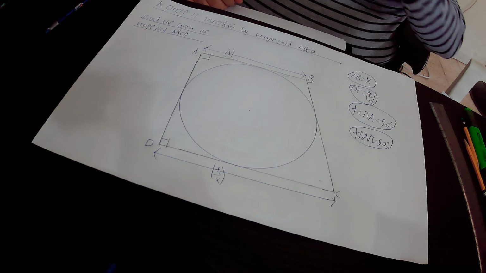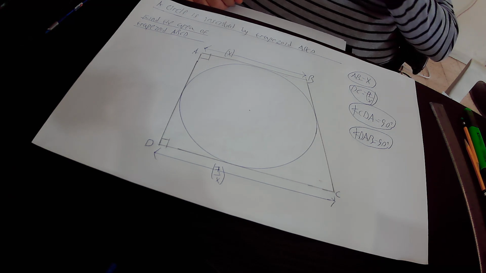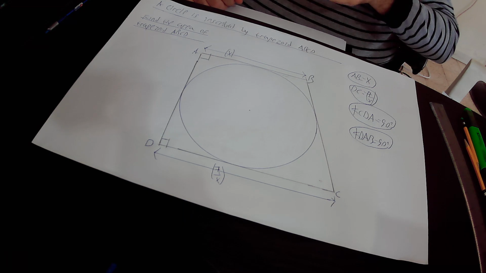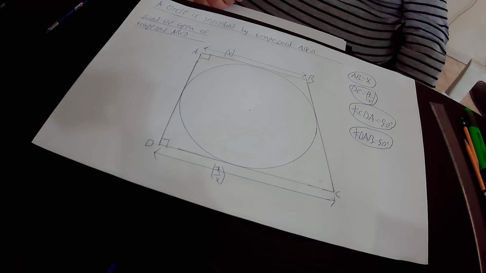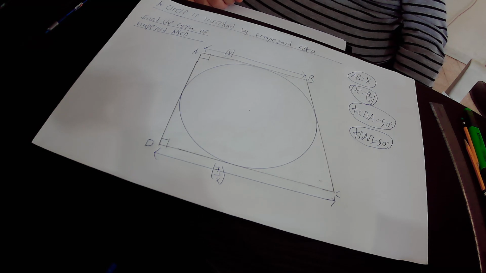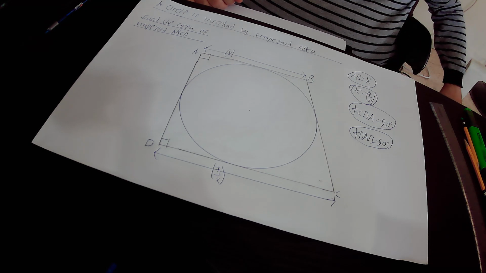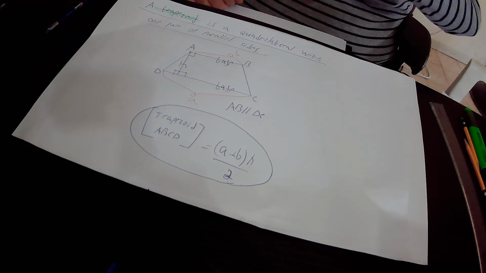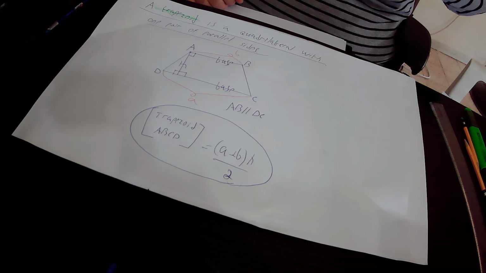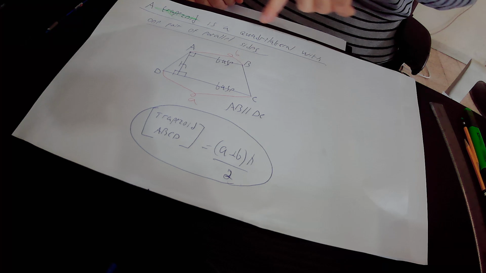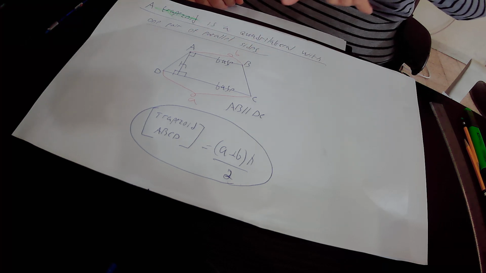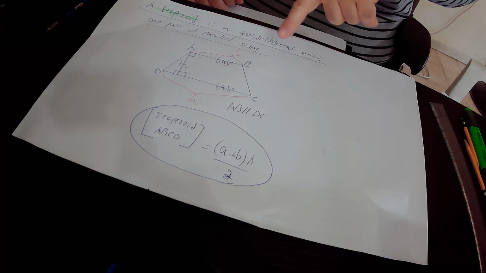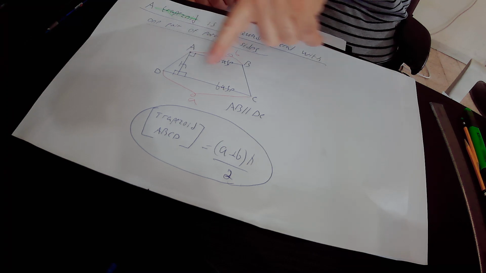So first of all, what is a trapezoid? A trapezoid is a quadrilateral with one pair of parallel sides. In this trapezoid ABCD, side AB is parallel to the opposite side DC.